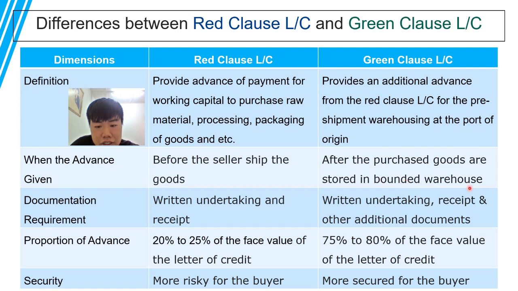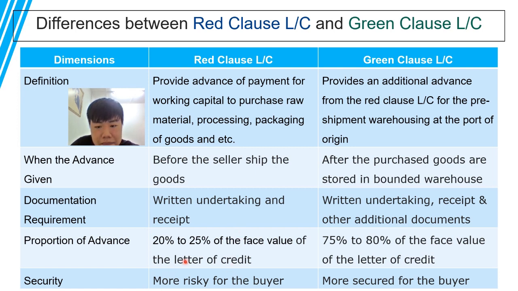However, an additional document of title is required in the green clause letter of credit for transfer of the advance. Fourth, the proportion of the advance of the green clause letter of credit is higher than the red clause letter of credit, in the range between 75% to 80% of the face value of the letter of credit.